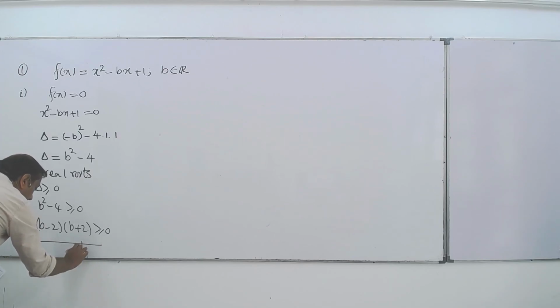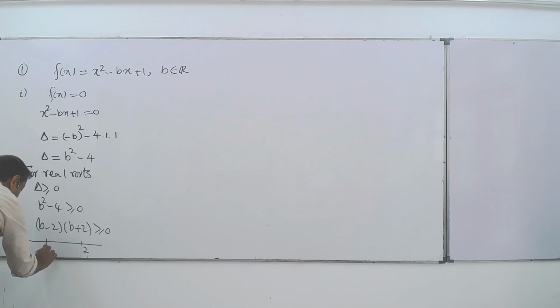Here b plus 2, here b minus 2. Here we have an equal sign, therefore we select these two values. When we put 0 for b, we get minus 4, which is not greater than 0, so this region does not satisfy. These outer regions should satisfy.